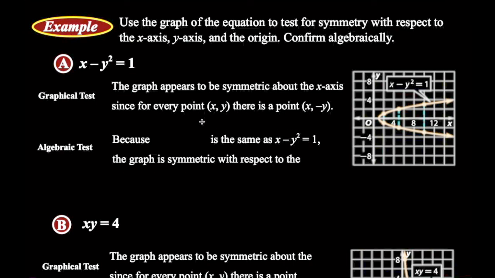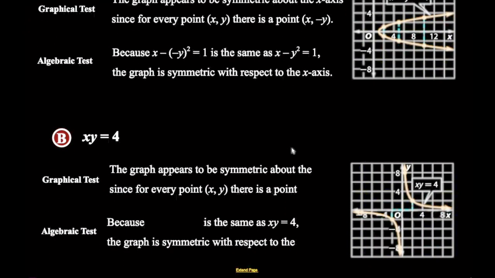So the algebraic test: when we put in a negative y, we end up with the same equation. In our original equation, we substitute the value negative y, and that ends up being the same thing. Negative y squared turns out to be a positive y squared, which gives us the same equation. So that's how we prove that it is symmetric with respect to the x-axis.